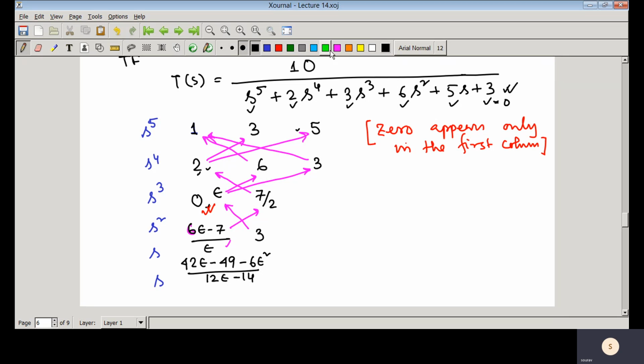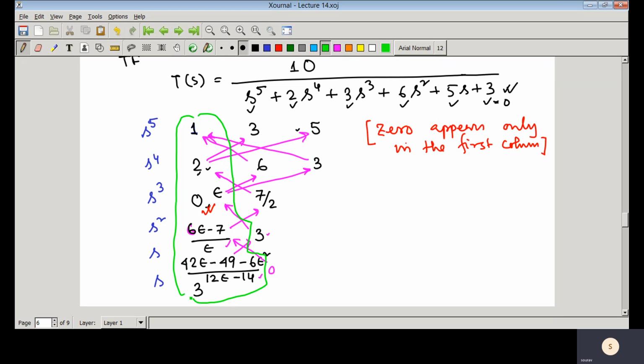And now if you multiply with this one, and here you have 0, so this one divided by this term, that means you have only 3. So this is the Routh table, and this is the first column.